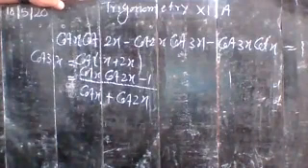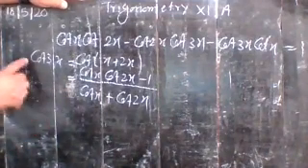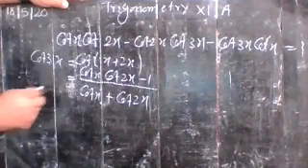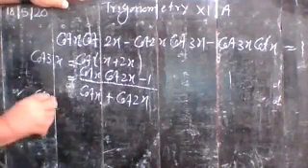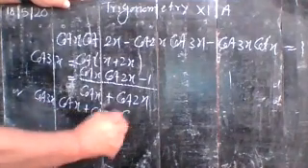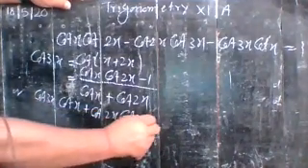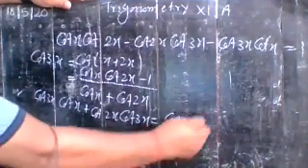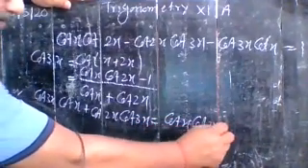Now you have to take cross multiplication. So you have cot 3x cot x plus cot 2x cot 3x is equal to cot x cot 2x minus 1.